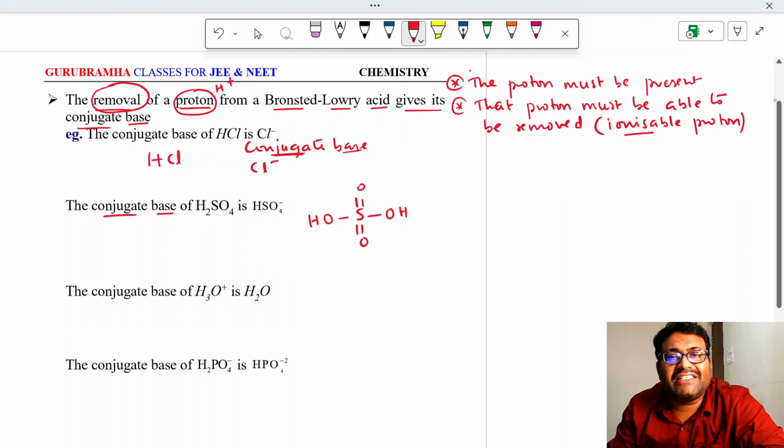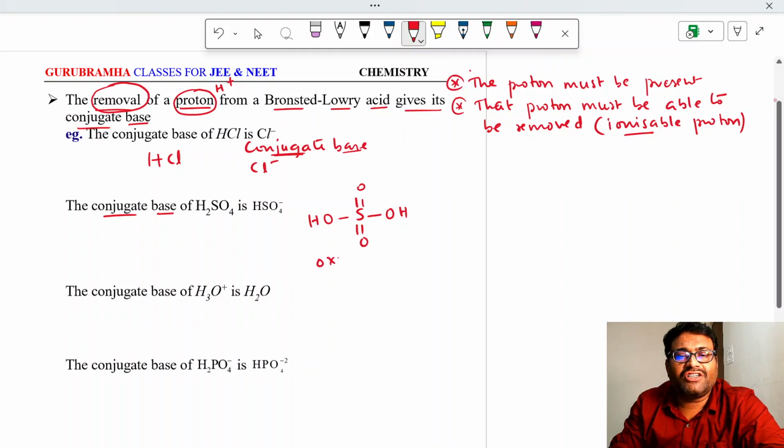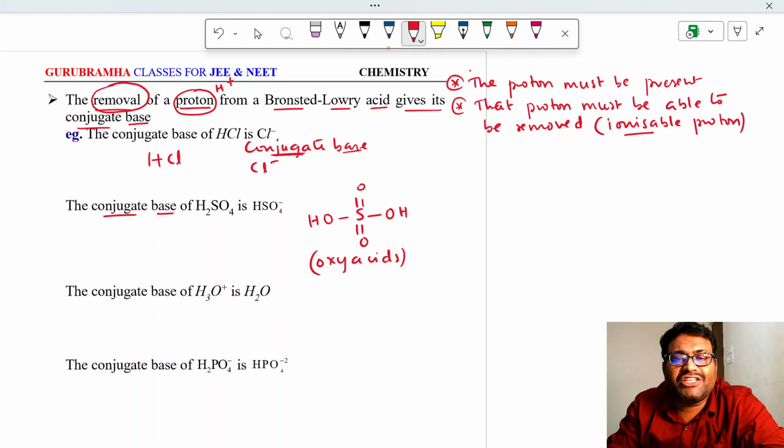In oxy acids, hydrogens attached to the more electronegative element oxygen are ionizable hydrogens. That means they can be ionized as H plus, they can be removed as H plus.